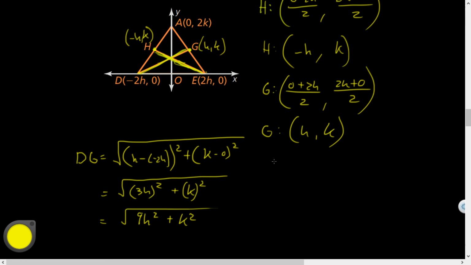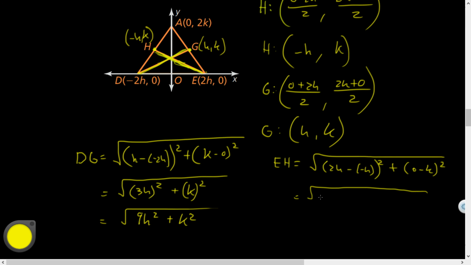Let's see, I think I can fit my work over here. Let's do EH. And for EH, it would be the square root of, let's see, which one do you guys want? Well, we'll do the 2h minus the negative h, all squared, plus 0 minus k squared. Yeah? You guys tracking this?